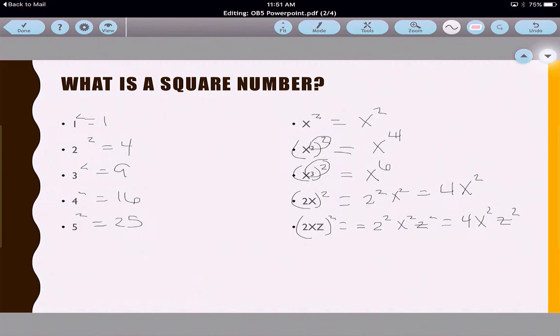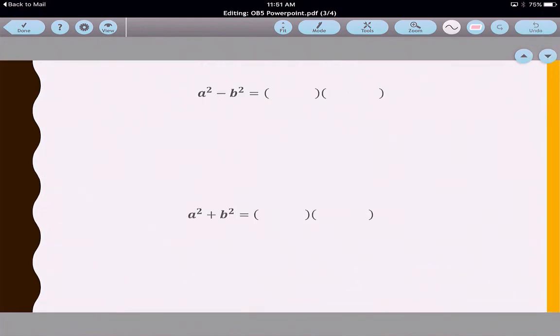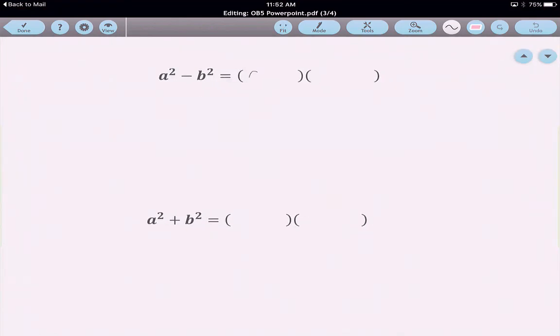So let's jump in. We actually have a general formula for these difference of squares problems. So if we have 2 terms that are square numbers, so a squared minus b squared, the factors are just a minus b times a plus b. And that's all it is.